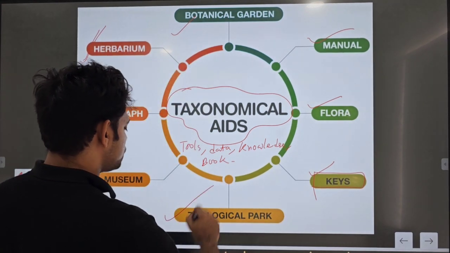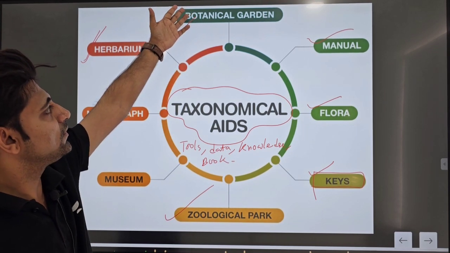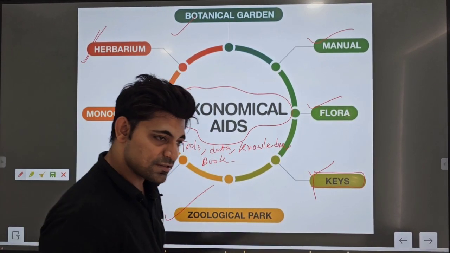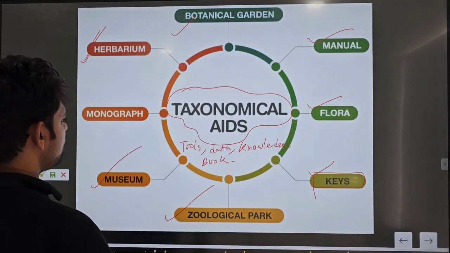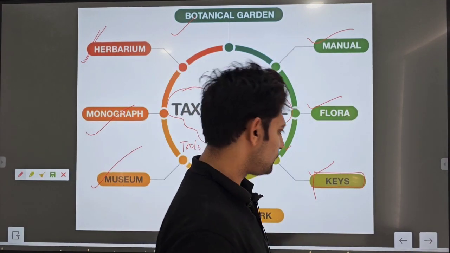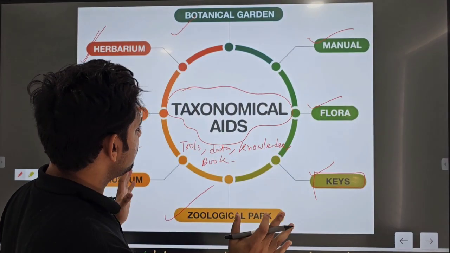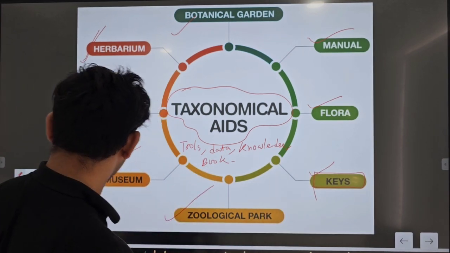For plants we visit a botanical garden. For animals you can visit zoological parks, and you can also visit a museum. You can also see the monographs and all. Now for every tool, every database, we'll see what they actually are.